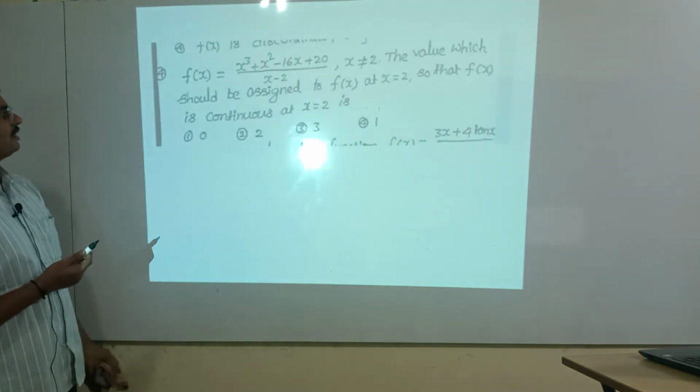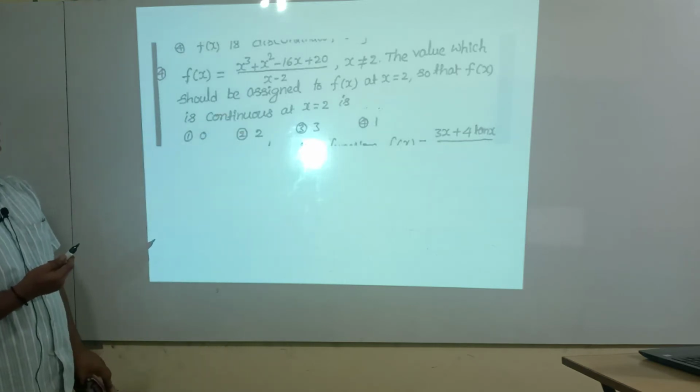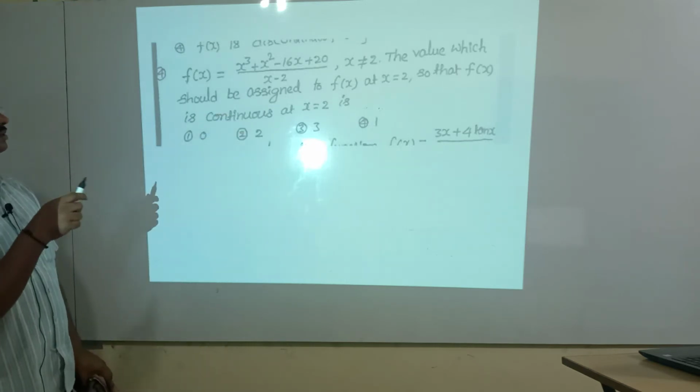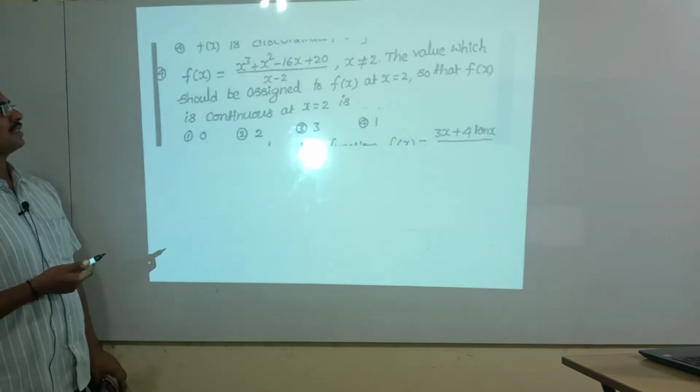The value which should be assigned to f of x at x equal to 2, so that f of x is continuous at x equal to 2.